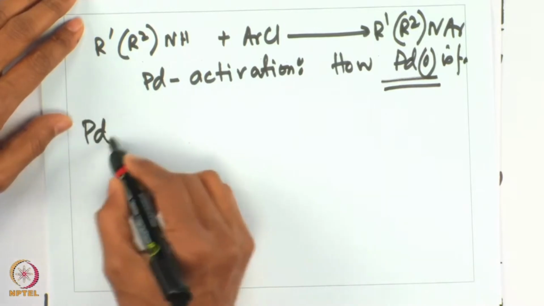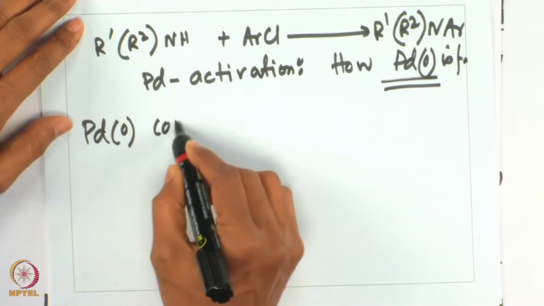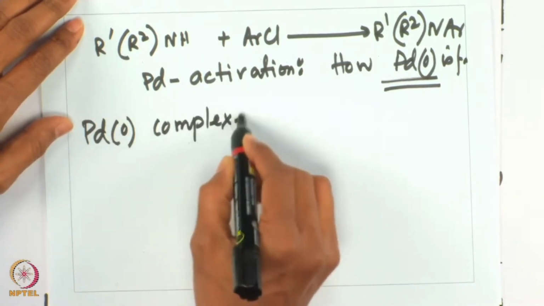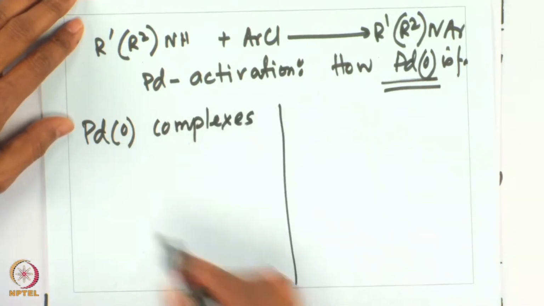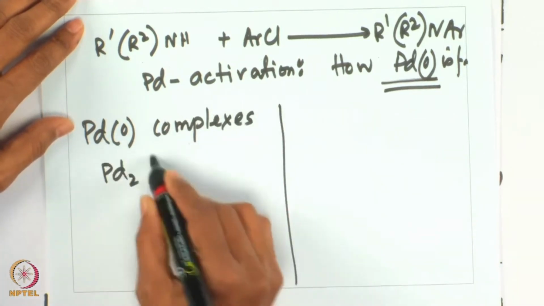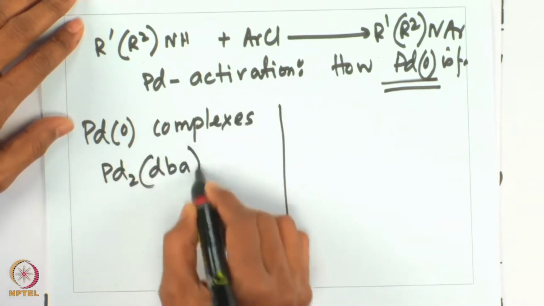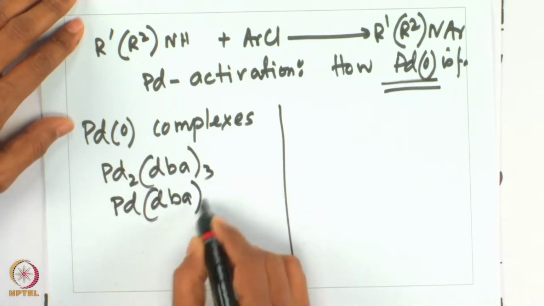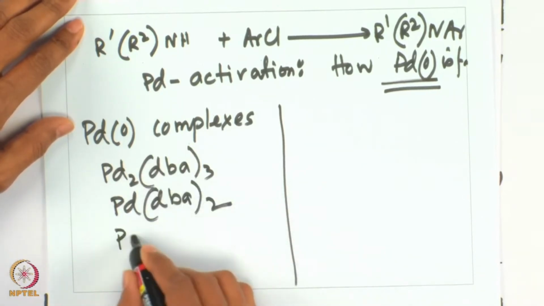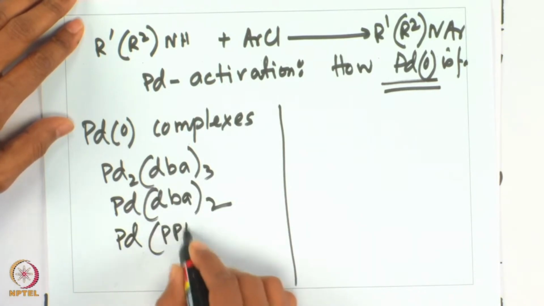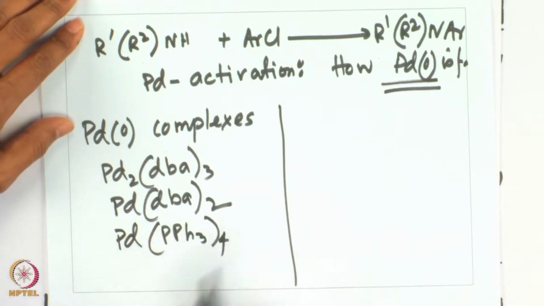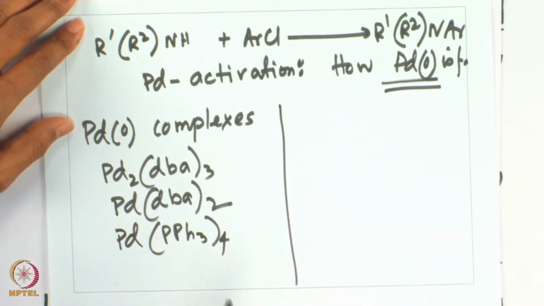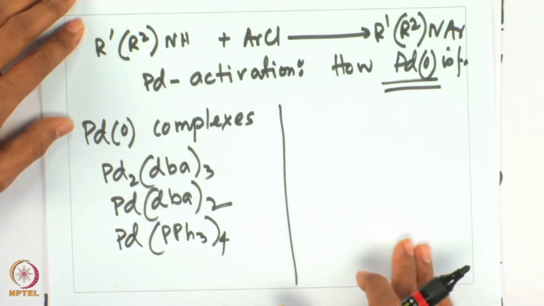Of course, one can use palladium 0 complexes, as we were emphasizing previously. For example, we can have palladium 2 DBA3, palladium DBA2, which are commercially available palladium 0 sources, and palladium PPh3 4, palladium tetrakis. But the problem is that palladium 0 complexes are more active, but considerably less stable.